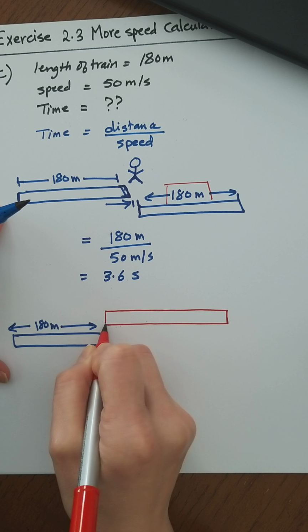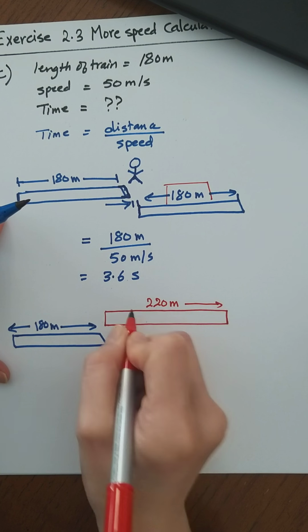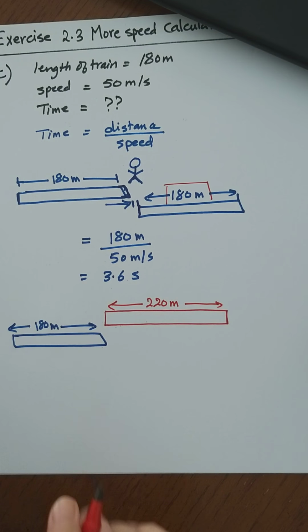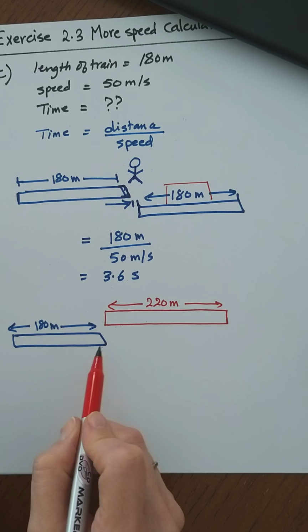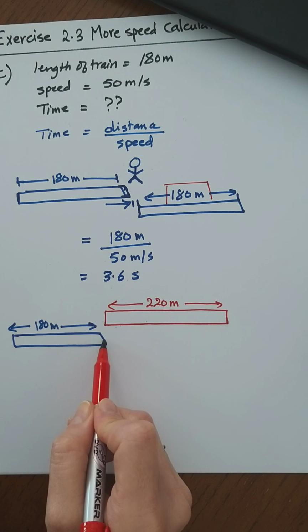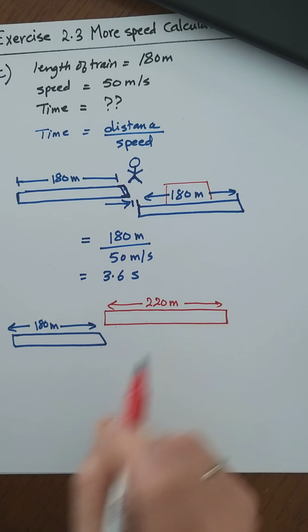This is the platform. The platform is 220 meters long. When we say, how long will it take to pass completely? To pass completely means that the train needs to pass by the platform. This is the front part of the train, and continue until the back end of the train passes the platform.